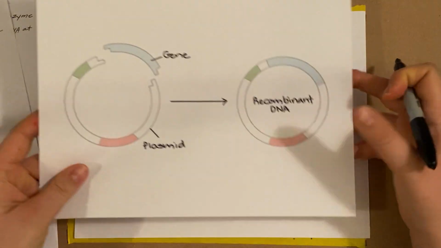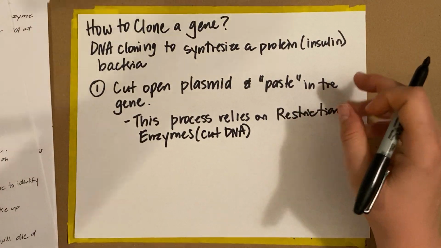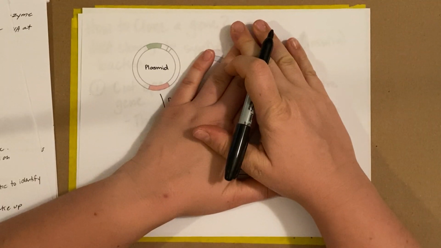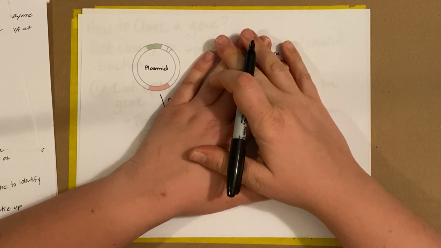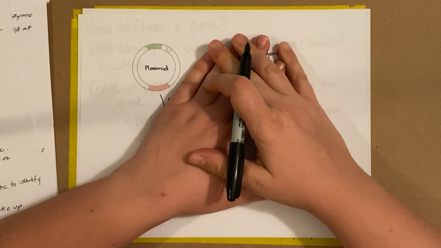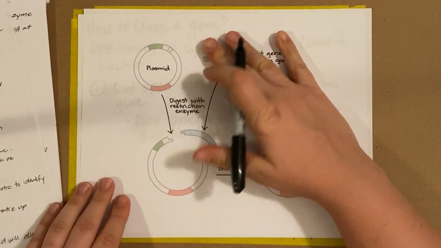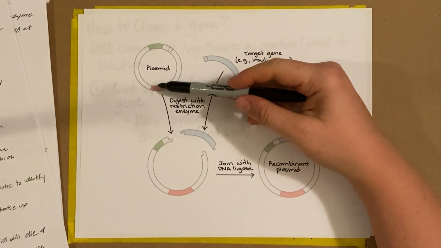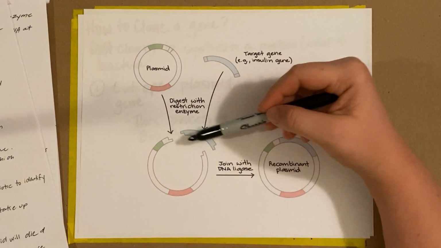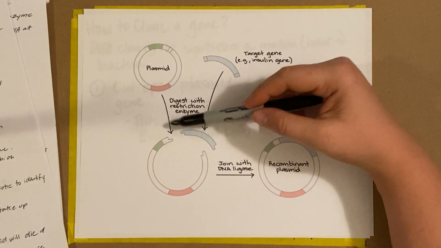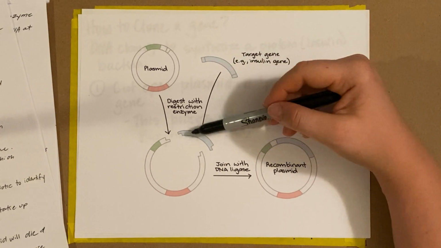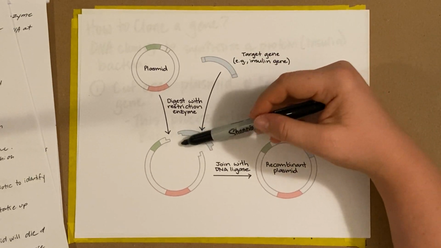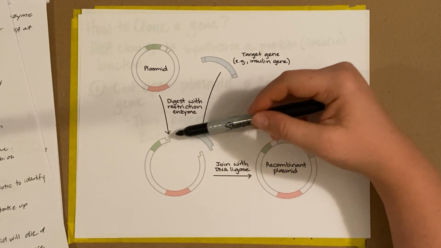So restrictions, and actually let me show you this other image. This is better. So initially you have just the plasmid. It has nothing in it that is not supposed to be there initially. And then what happens is you use something called the restriction enzyme. The restriction enzyme comes in here and cuts the actual plasmid open. We then can use this target gene that we want to insert, and it can be put in with this plasmid that's been cut open.